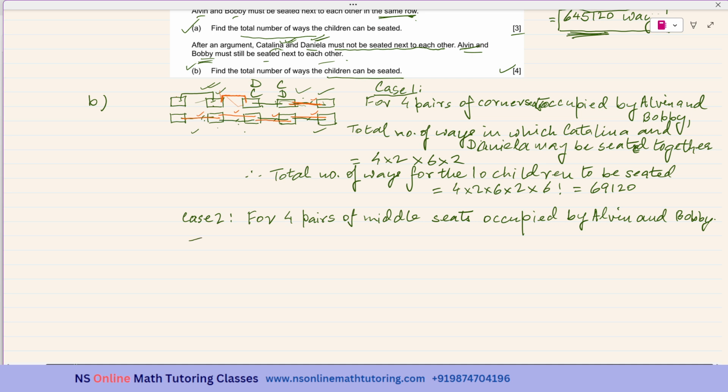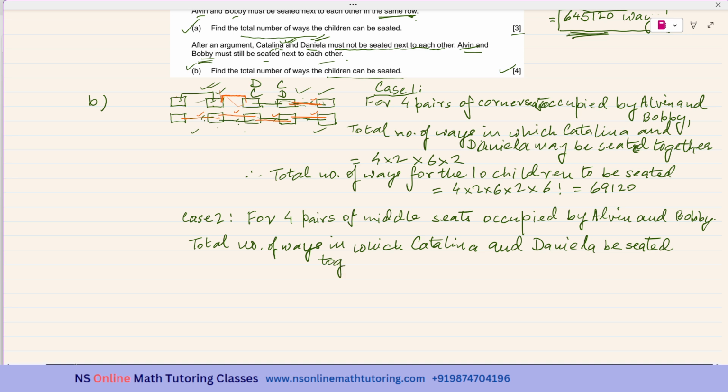Okay. Total number of ways in which Catalina and Daniela may be seated together is equal to, this will be 4 times 2 as usual, and now you are having 5 consecutive seats.